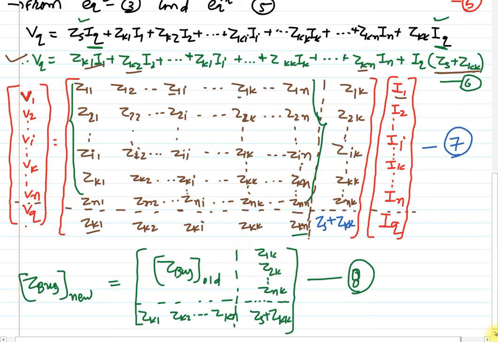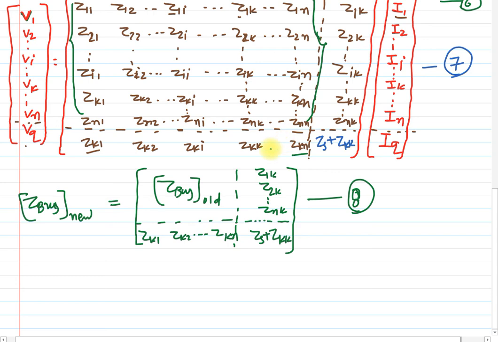First one is the size of Z bus matrix. Previously, before addition of this new bus, it was n cross n. Okay, and then after addition of new bus q into the system, it becomes n plus 1 cross n plus 1.